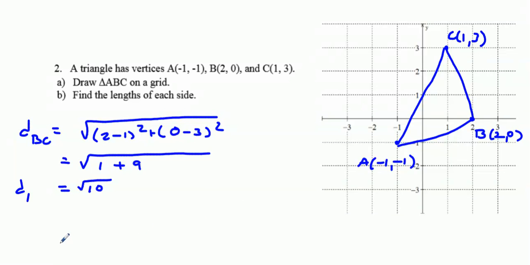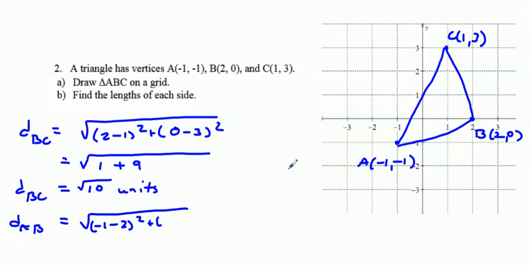So I won't bother finding the approximate value. D of AB is going to equal the square root of negative 1 minus 2 all squared plus negative 1 minus 0 all squared.